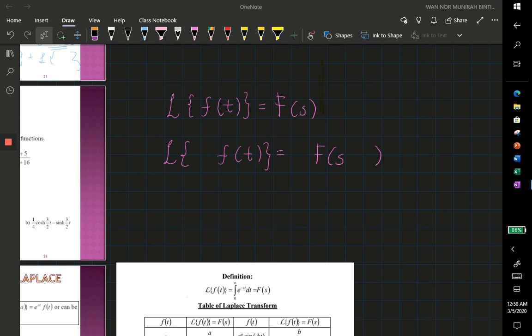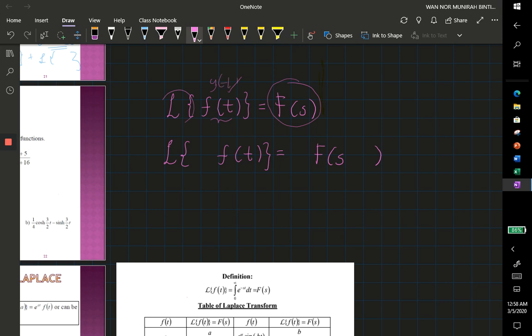First, you know that given a function f(t) in the time domain, when we transform it by using the Laplace transform, you will get an equivalent function in the frequency domain, which is F(s). Let's say your function is g(t).